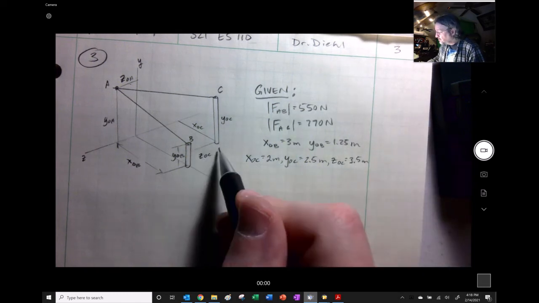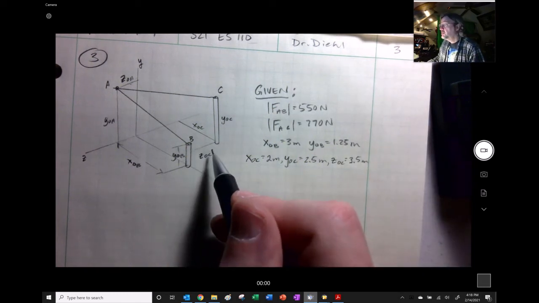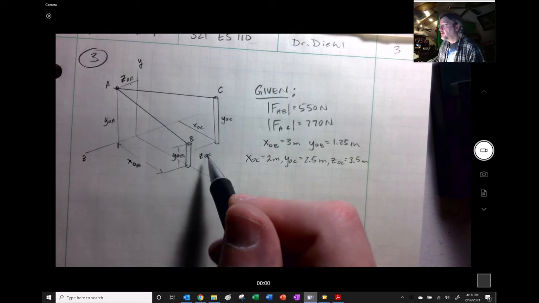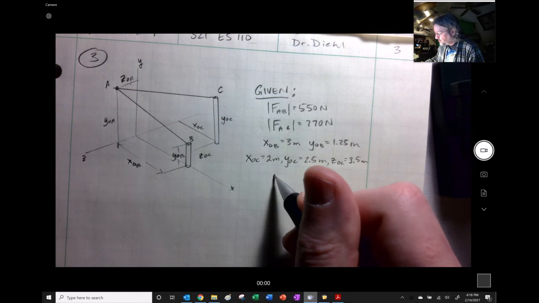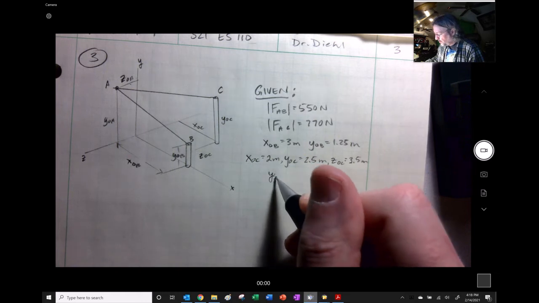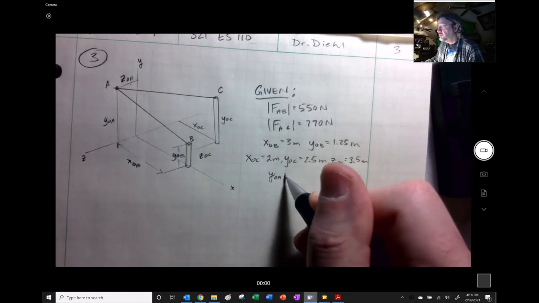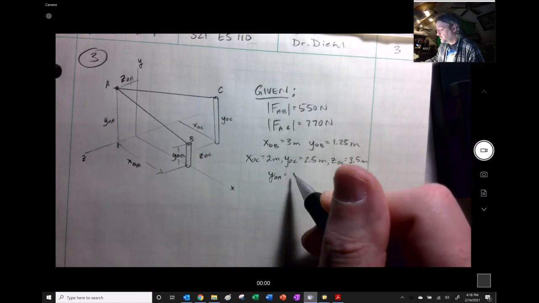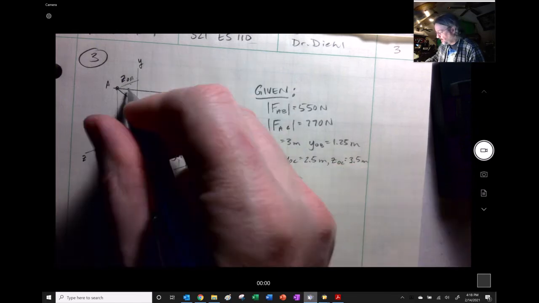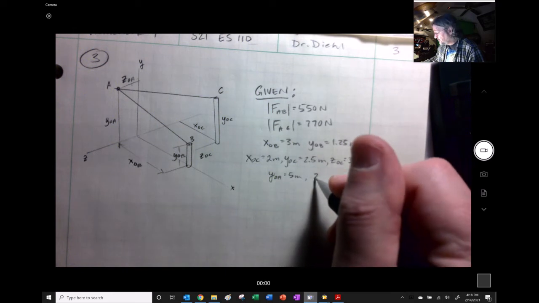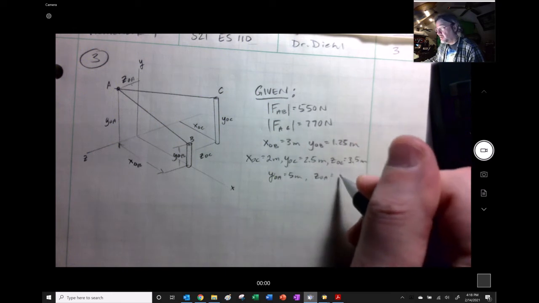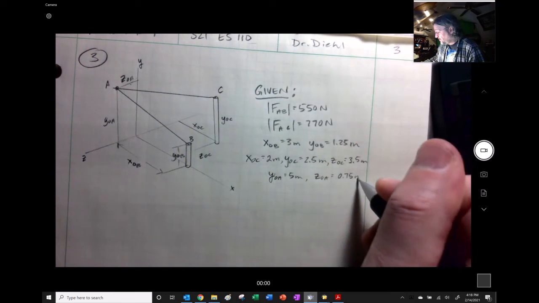Okay, doesn't look that way. Well, I guess maybe on my original drawing it does. Okay, and then right here we just said that the YOA, which is usually what we write on first, right? It's 5 meters, so that's up higher than all of them. And then ZOA is 0.75 meters.